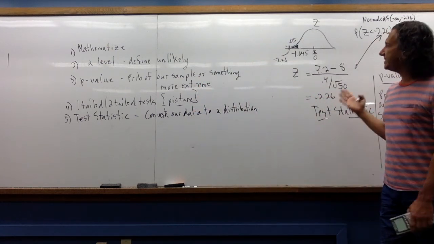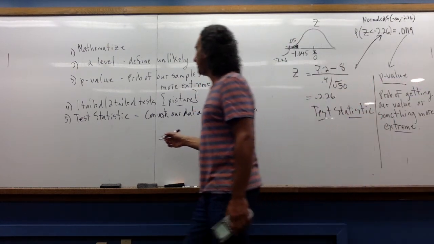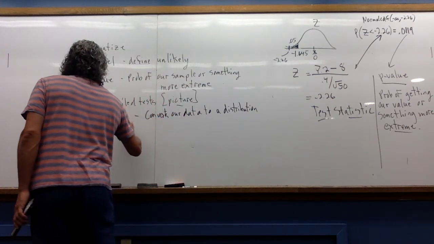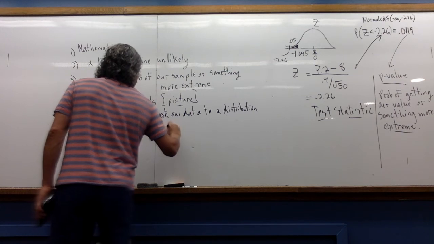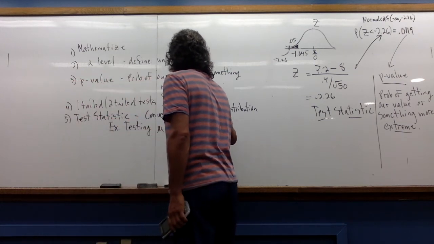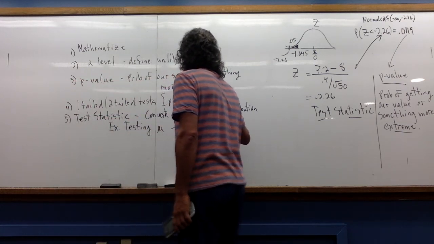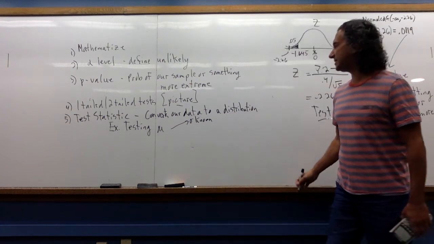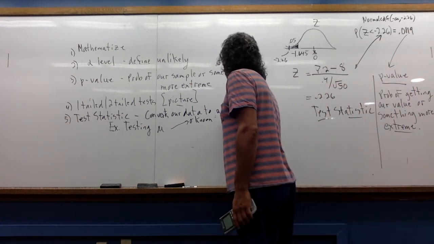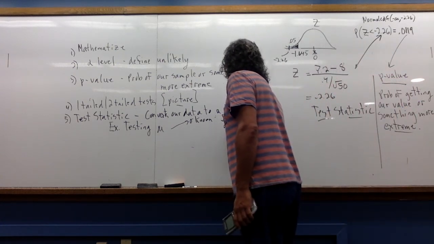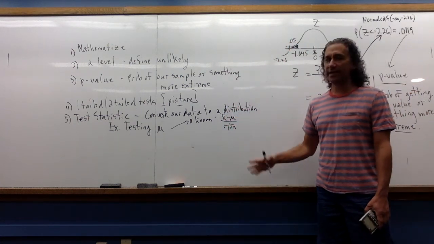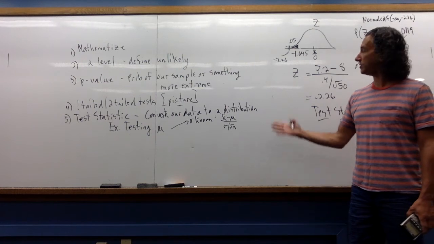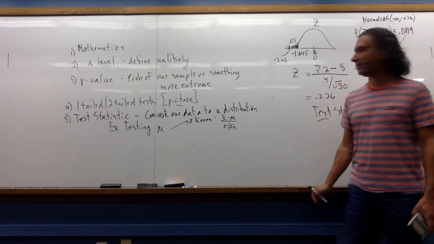So I just did an example here where we were testing the mean. If sigma is known, then your test statistic is going to be x bar minus mu over sigma over root n. Because that's how we can convert it into a probability, or something that lives on a probability distribution.